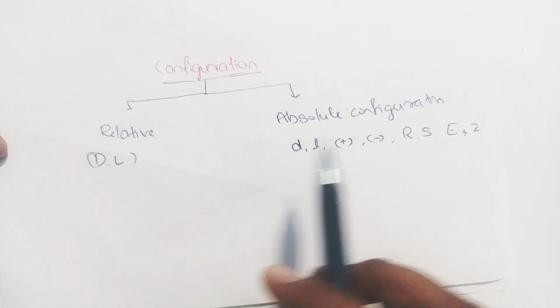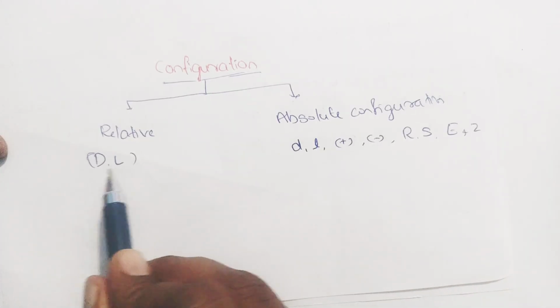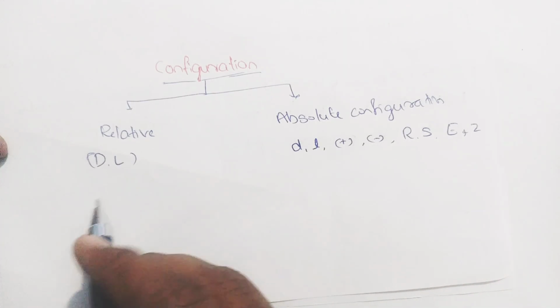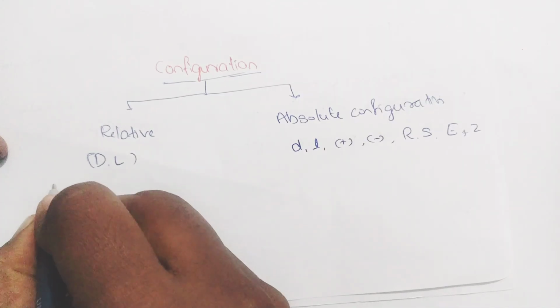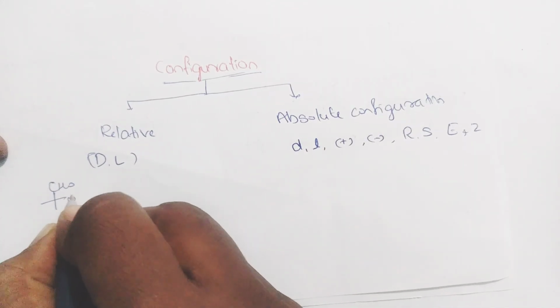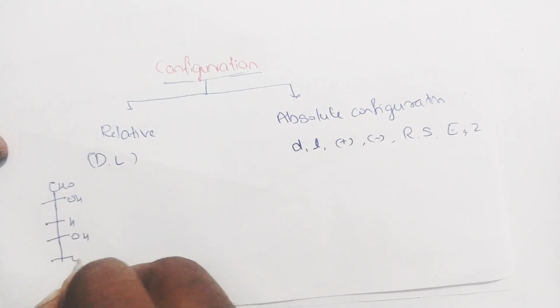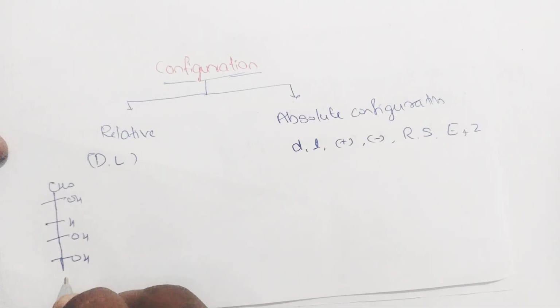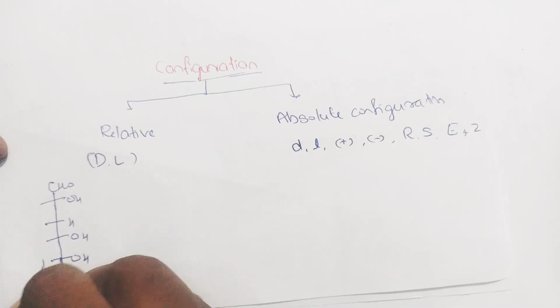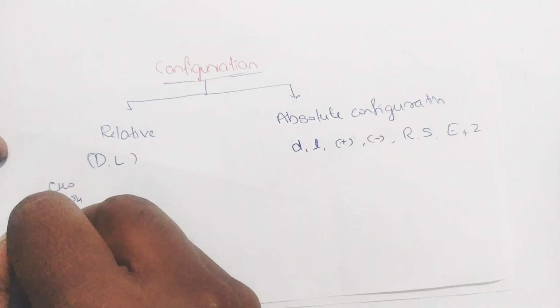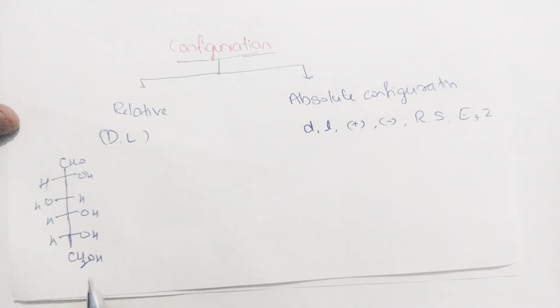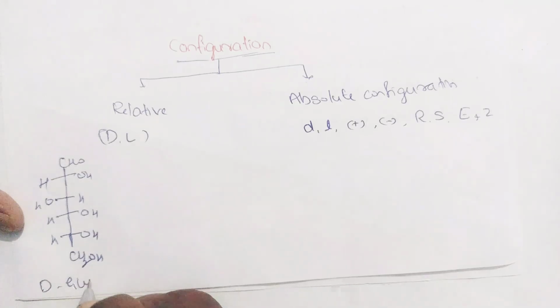What is the difference between the relative and absolute configuration? For D and L, we know the glucose structure, CHO, and so on. This is the structure of glucose. In the structure we say this is D-glucose. The meaning of D is not dextrorotatory.